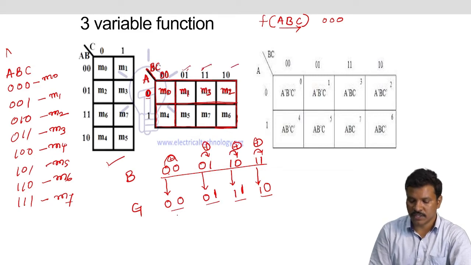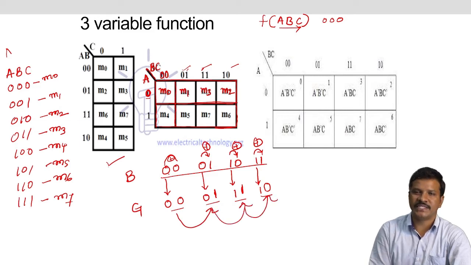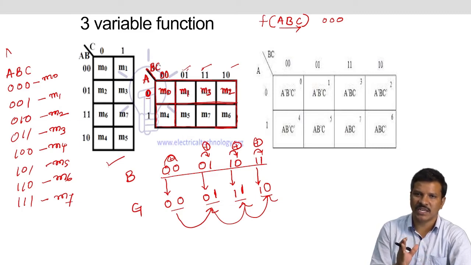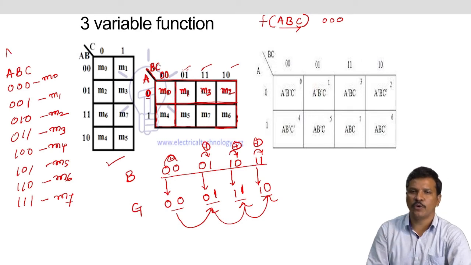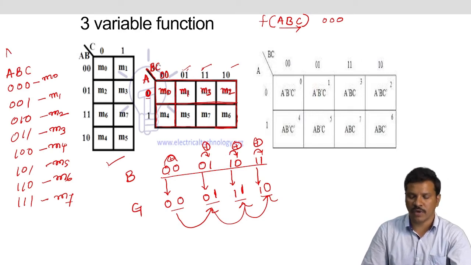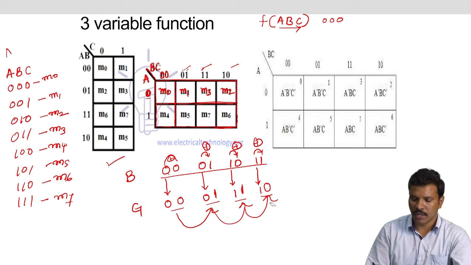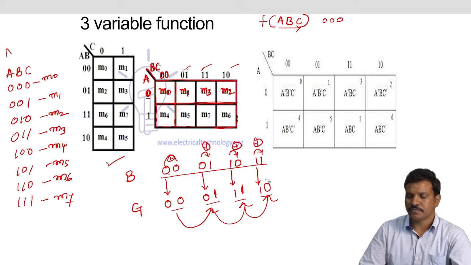Once we observe this sequence to the next sequence, each time there is only one bit change. Whenever a minterm and its neighboring minterm have only one bit change, there will be a possibility to minimize the Boolean function, one literal minimization.